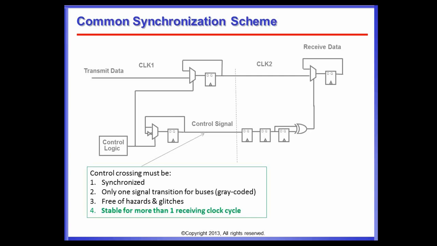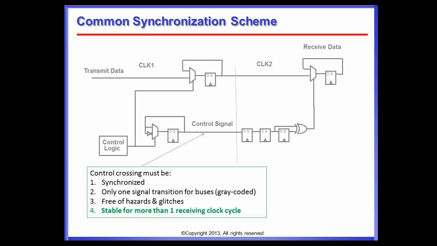And it should be free of hazards and glitches, and it should be stable for more than one receiving clock cycle. That only is a problem, of course, if your transmitting clock frequency is higher than the receiving one. The pulse width generated by the transmitting clock should be at least the width of the receiving clock to properly get this signal clocked in.